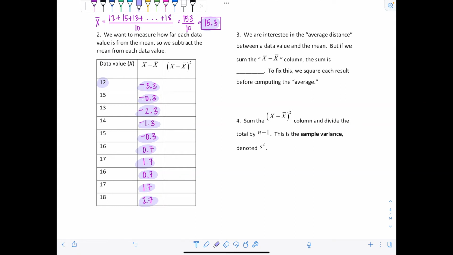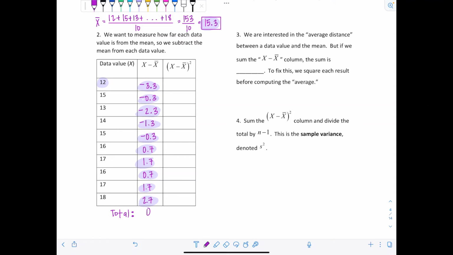Why don't you pause the video really quick, total up this column and tell me what you get. Because you're thinking, I want to see on average how far my values are from the mean. What happens? Did you do it? Okay. If you total up this column, you get 0.